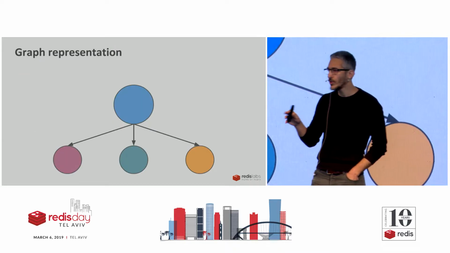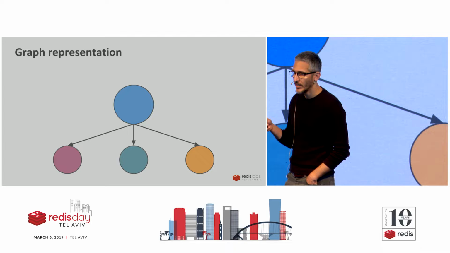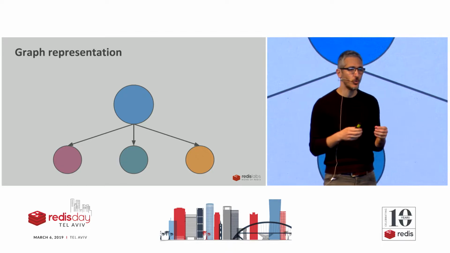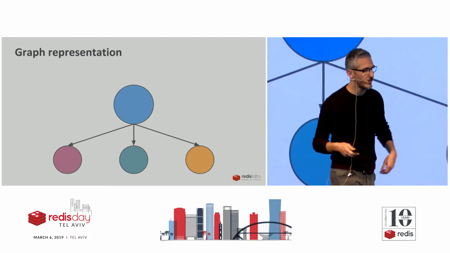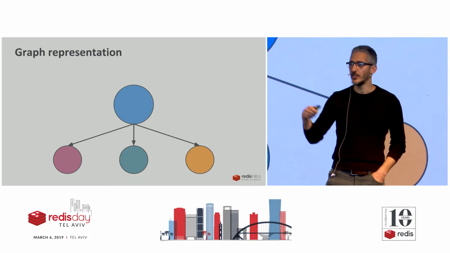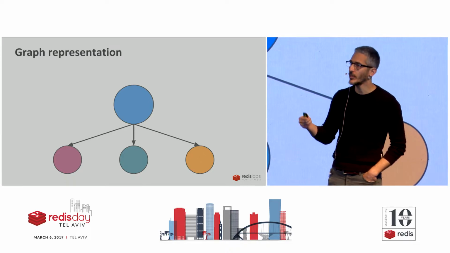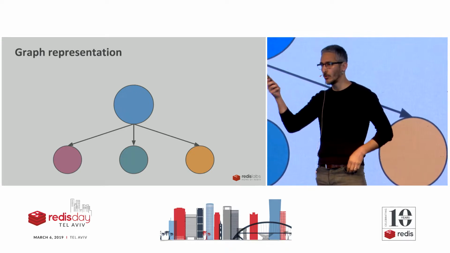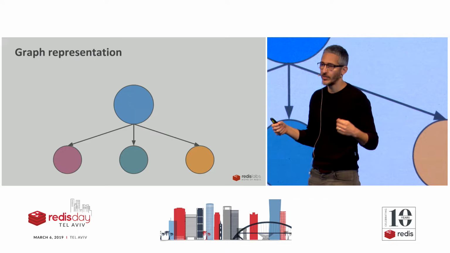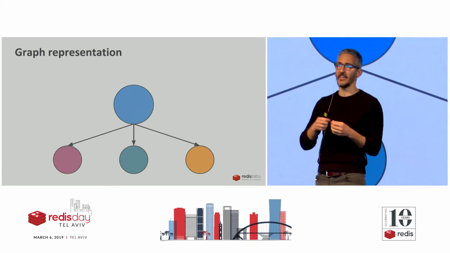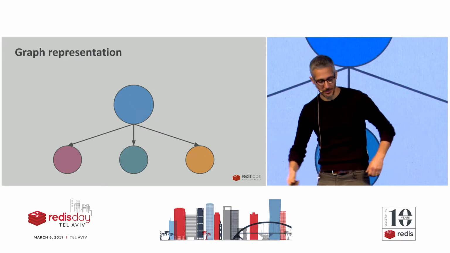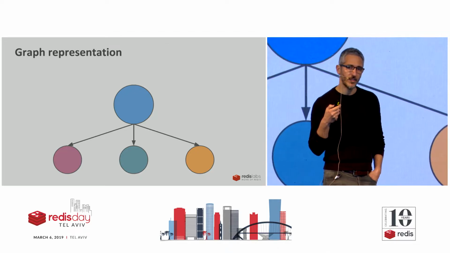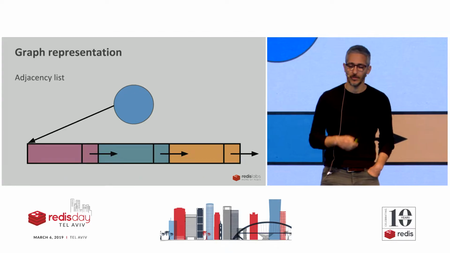And so really quickly, what is a graph? A graph is basically a set of nodes. Each node can represent whatever you want, and those nodes can be connected with edges. You can think about nodes in a social network representing people, and edges connecting two different persons in case those persons are friends. There are basically two ways you can represent a graph.